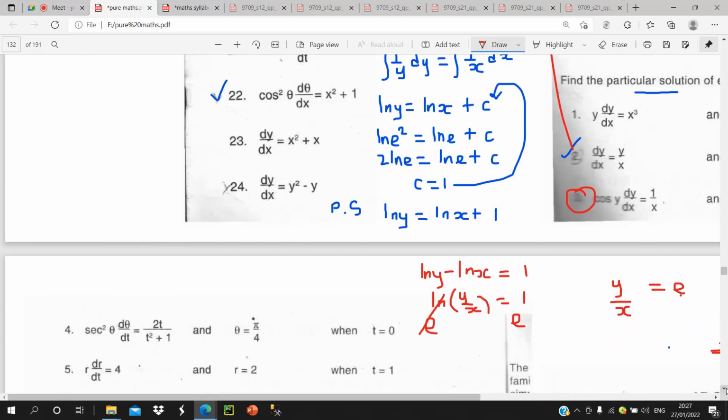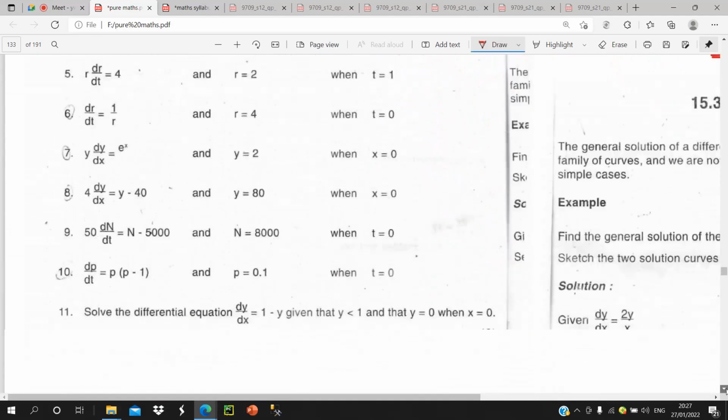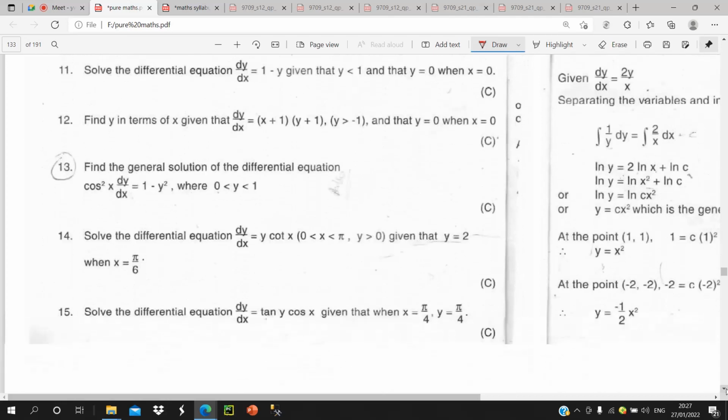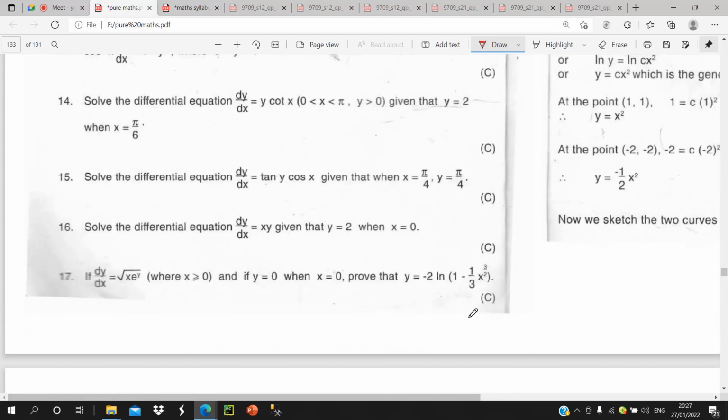Can you copy number 17? You want to do it together. It's a typical exam question. All these questions with a C at the end are for Cambridge. They're past exam questions.